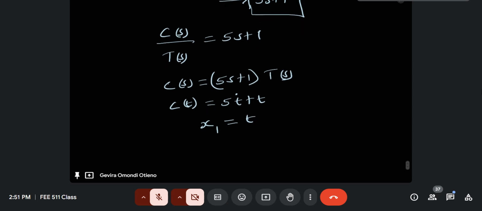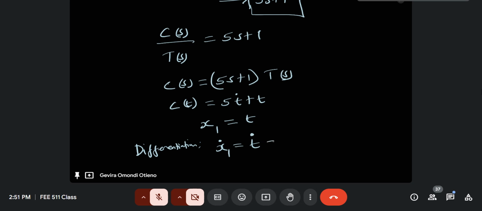So if I take the derivative of x1, remember we were doing differentiation because that is what the equations usually want us to do. So x1 differentiated is the same as differentiating t.